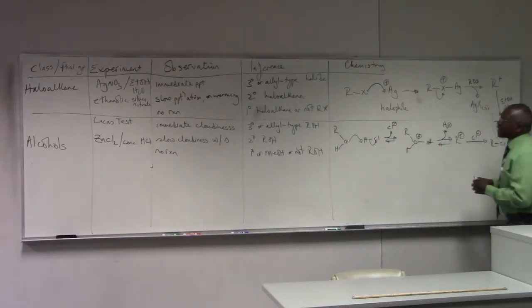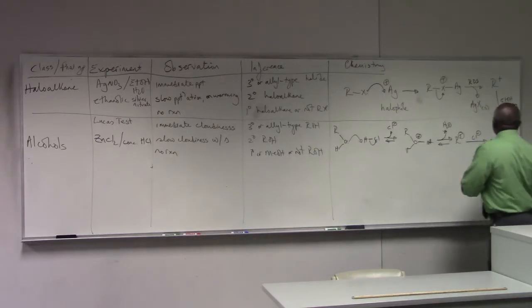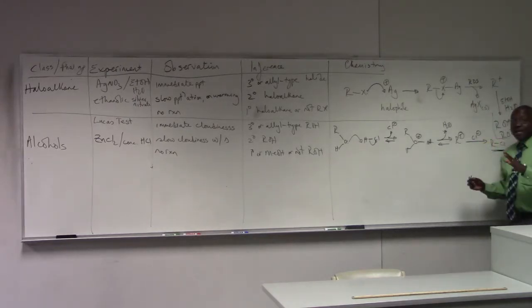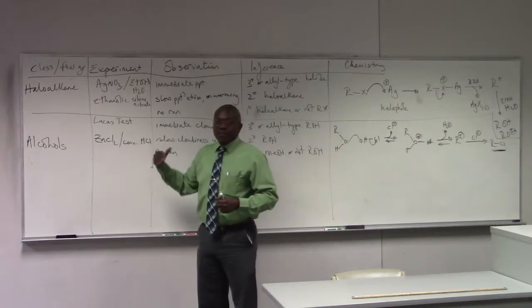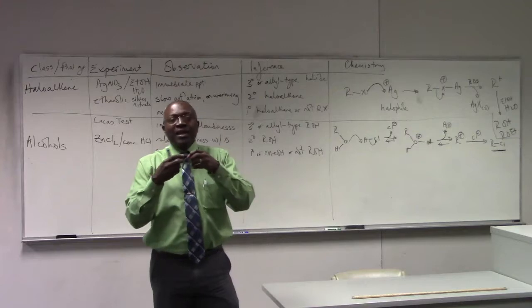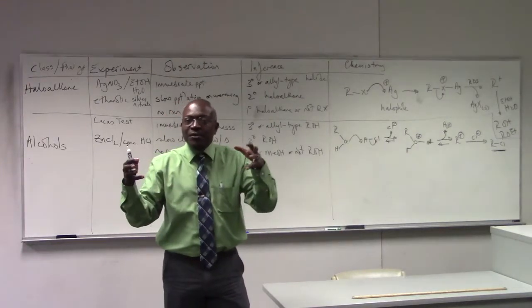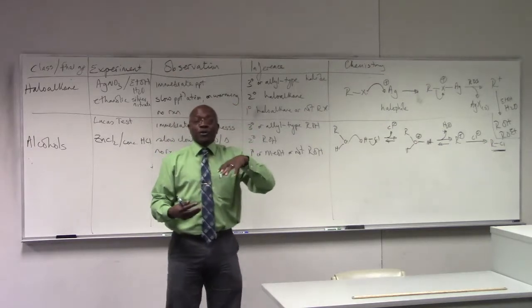But you're generating RCl, which is an organic compound, in water. The haloalkane won't dissolve in water, so as it starts to form, it makes a suspension. A suspension of the organic in water looks cloudy.